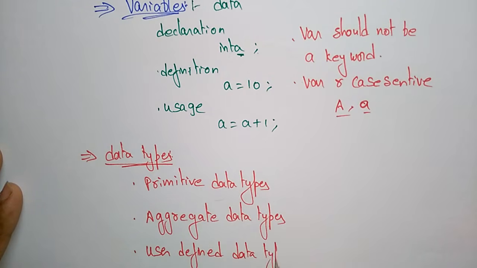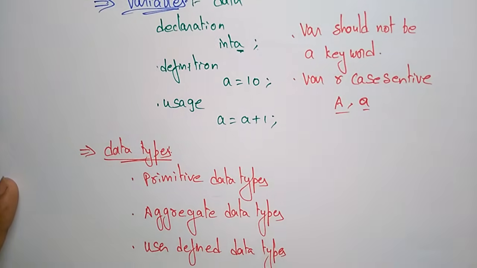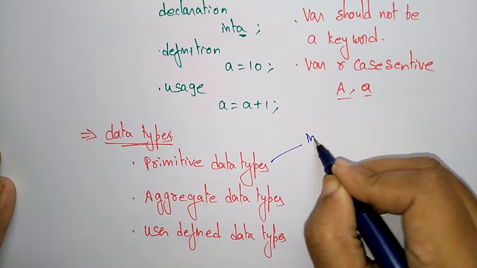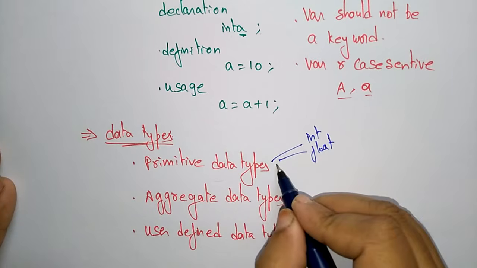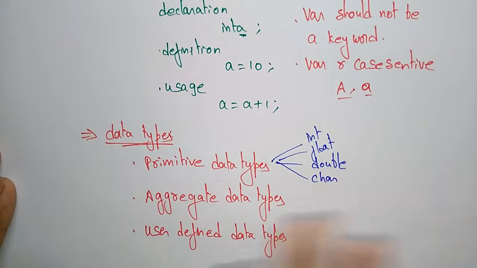While you are writing the program, you need to know all these things: how you declare variables and the data types that are used. Primitive data types are integer, float, double, character. These are all the primitive data types.